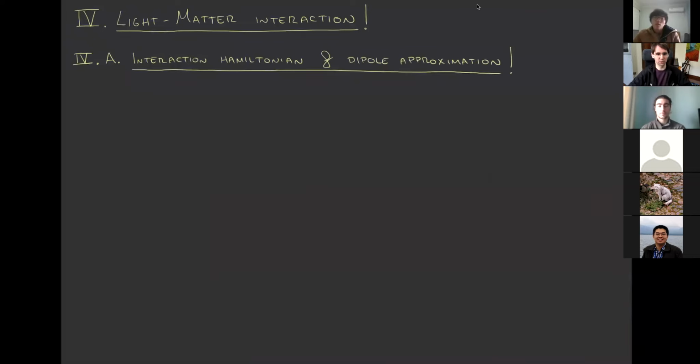So actually we don't change very much, because we will still have our beloved matter system with transitions and so on, interacting with light. But now we are going to describe the interaction between light and matter in which everything is quantized, both the light and the matter.